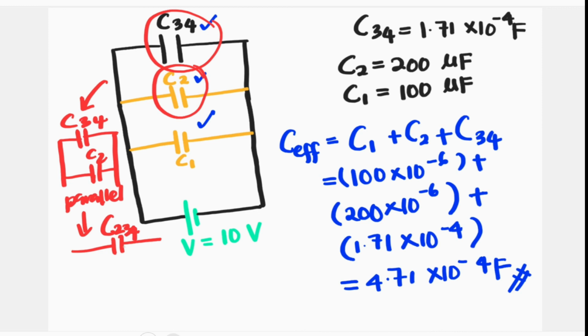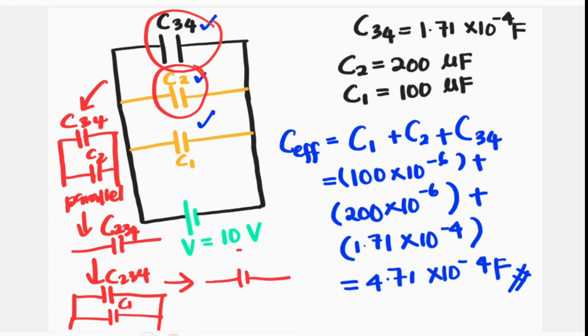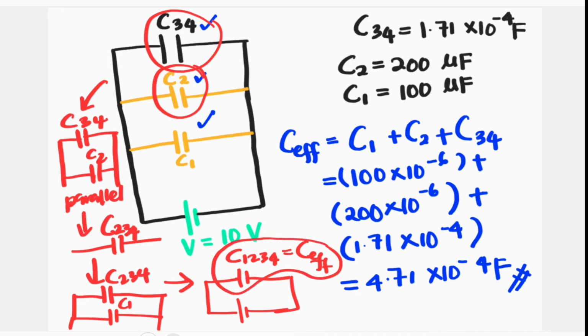And then this C234 is combined with C1 as parallel, and then it becomes this. So this is the effective capacitance, until there is only one C in the circuit.